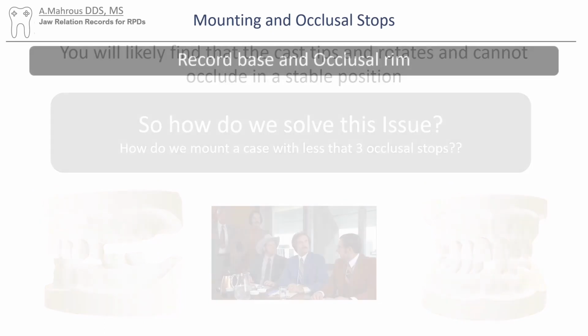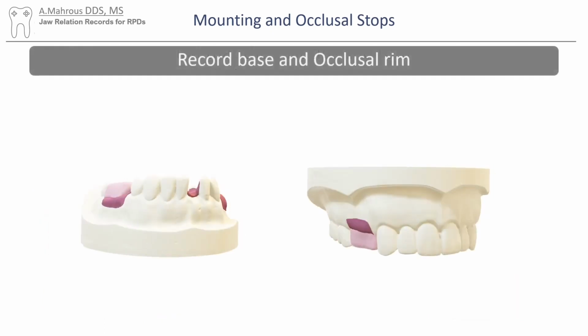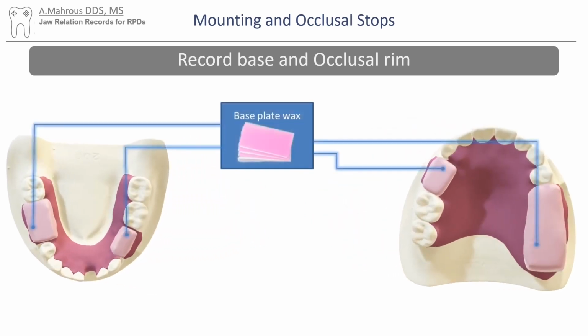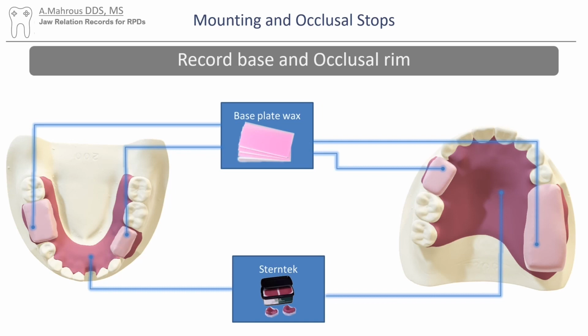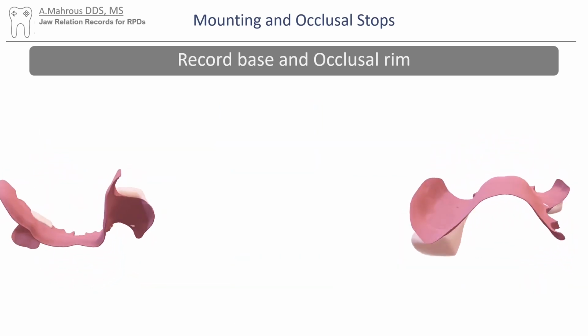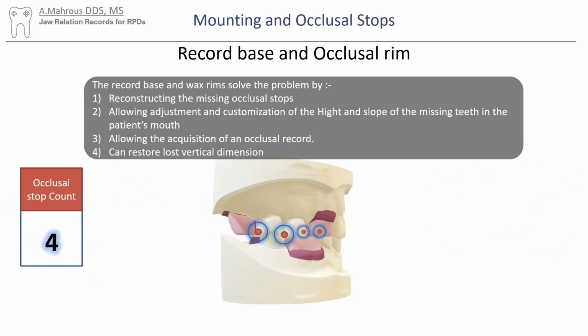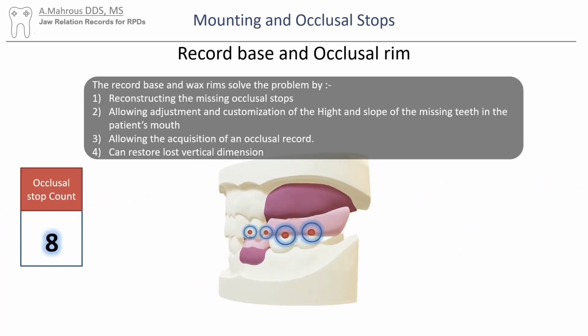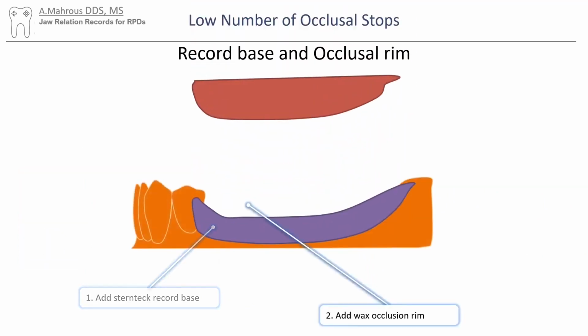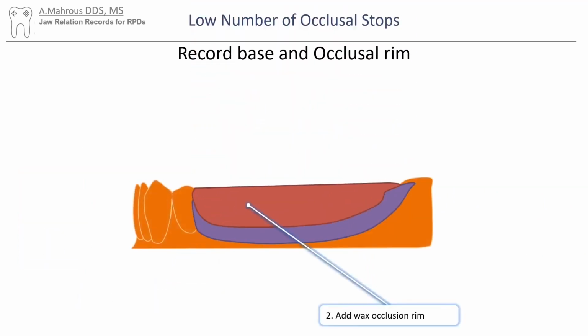So how do we solve that issue? Record bases and occlusal rims are the solution to this problem. The occlusal rim is made out of base plate wax, and the record base is made out of self or light cured PMMA. They work by restoring the missing occlusal stops, therefore making it possible to mount a case with less than 3 occlusal stops. Record bases are made on the diagnostic cast, and then a wax rim is made on top of that.